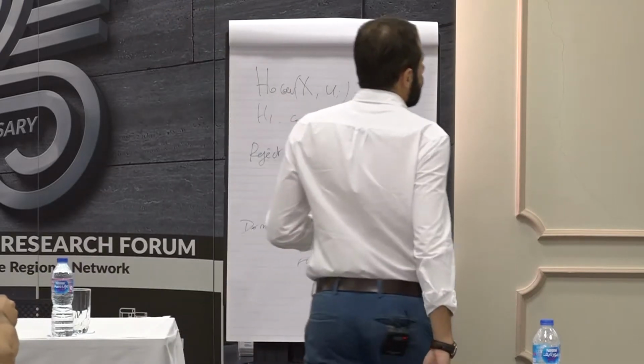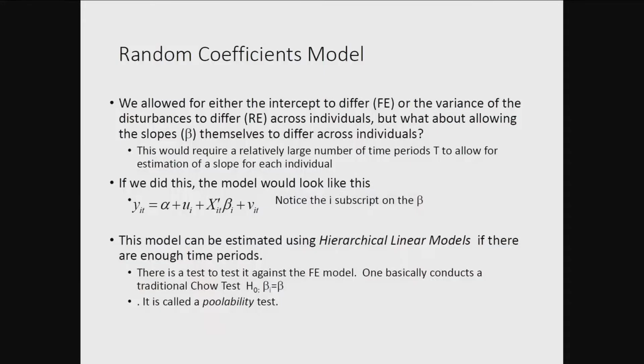So we have one of the methodologies called the random coefficients model. We're not going to see this in detail, but I'll just give you its idea because I don't have time to do it empirically in Stata. For the random coefficients model, we allowed for either the intercept to differ in the fixed effect or the variance of the disturbance to differ in the random effect across individuals.